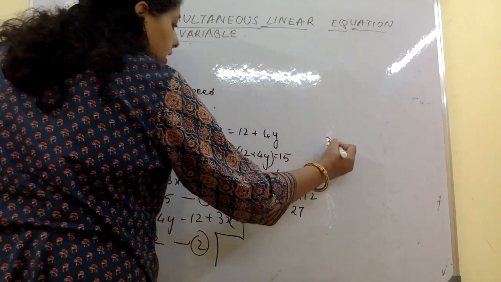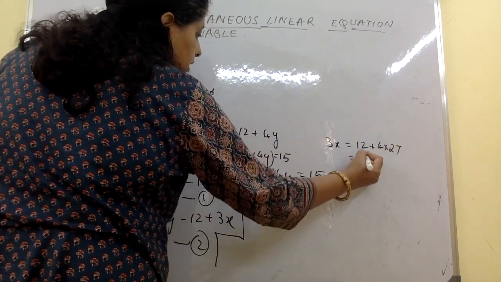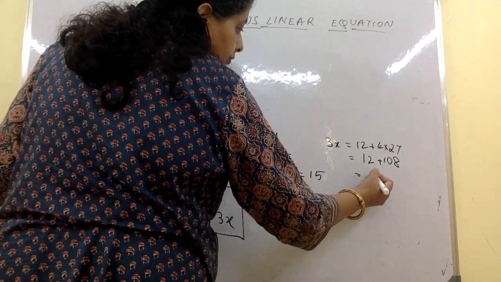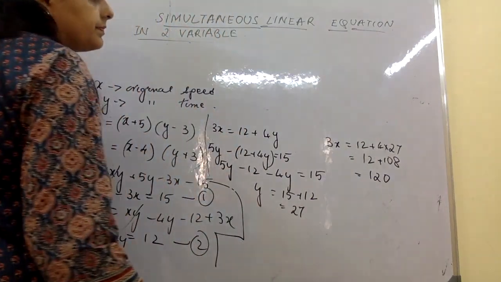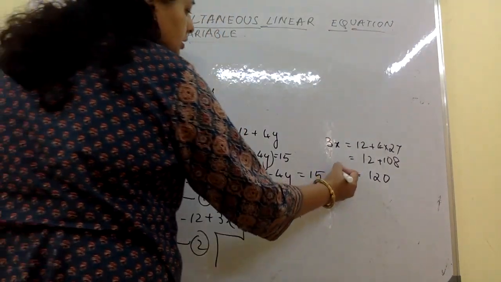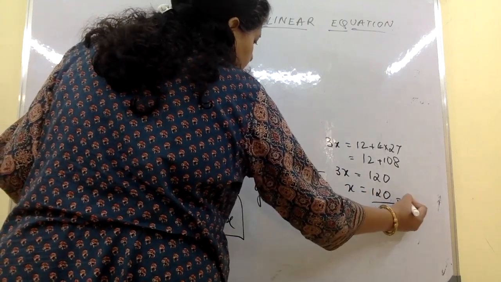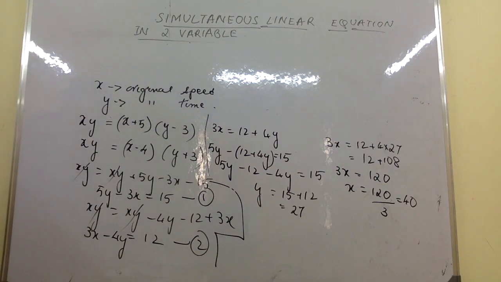So 3x is equal to 12 plus 4 into 27, that is 12 plus 108, and this comes to 120. Okay, so 3x is 120, x is 120 by 3, which is 40. So x is 40 kilometers per hour.